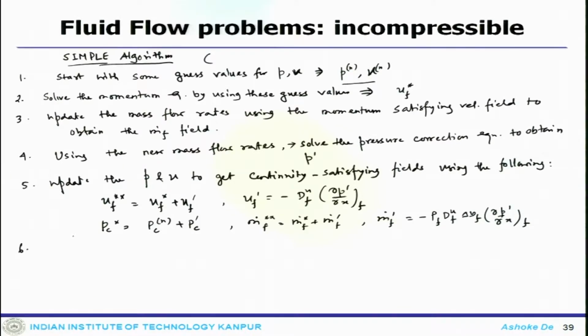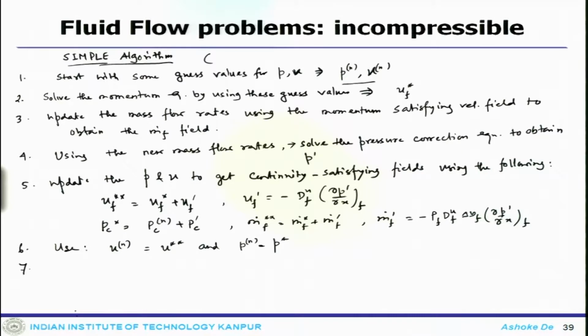Now, sixth, you can use u n equals u star star and p n equals p star.